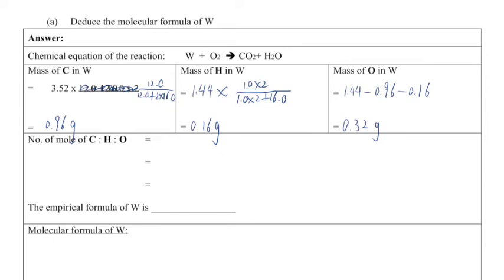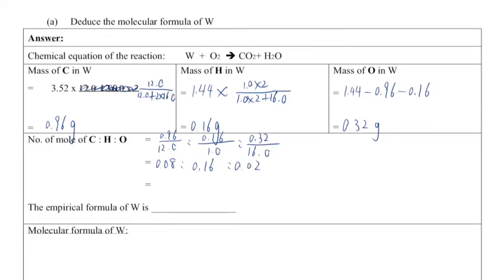So for carbon, it should be 0.96 over 12. For hydrogen, it will be 0.16 over 1.0. And for oxygen, it will be 0.32 over 16. Then we work out the answer. It will become 0.08 to 0.16 to 0.02.